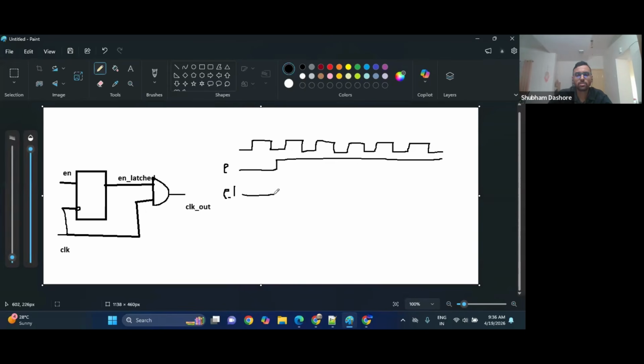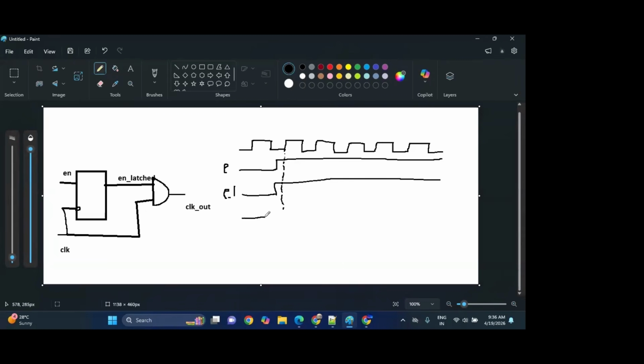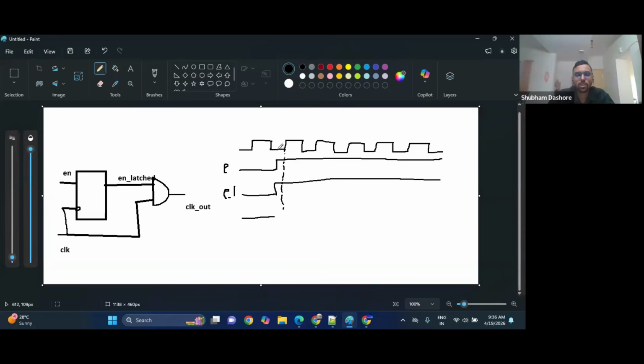Here our enable latch is one, but we will still see the output of the clock like this, because here the clock is zero and here we have one.